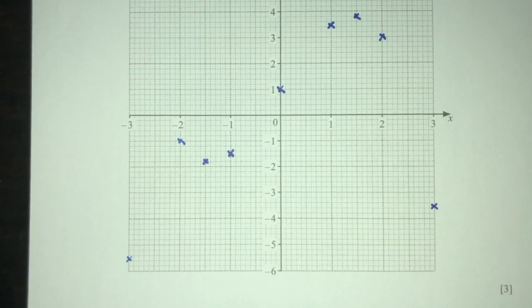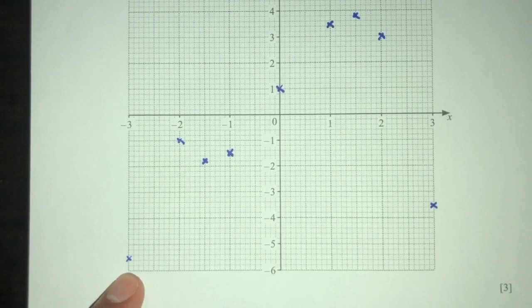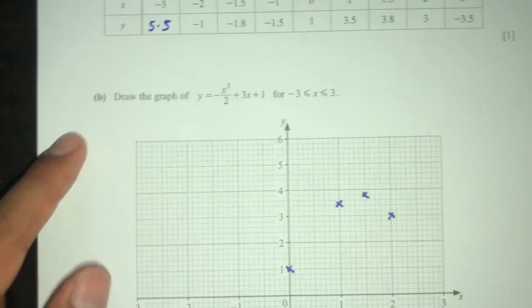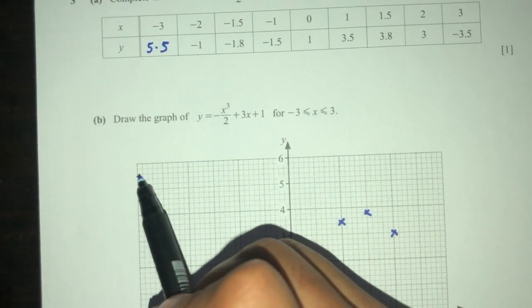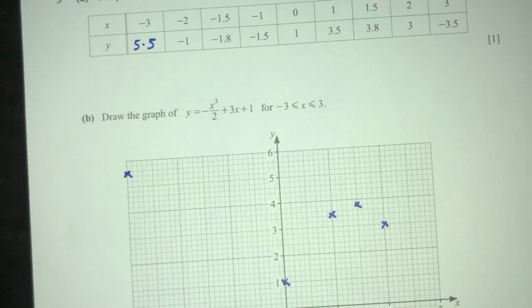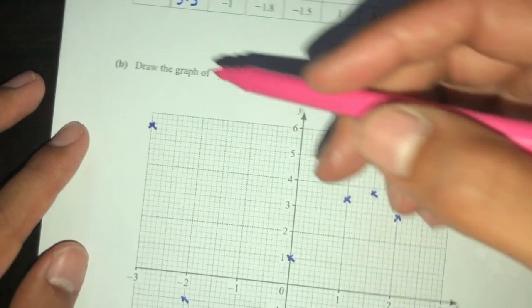Okay, there you go. So we have to plot all these points, and draw the curve as smooth as we can. So let's see. Okay, so this is a mistake here. This should be 5.5, not minus 5.5. So this one should be over here. I guess that's so dumb, but yeah, we should be careful. Here you go.